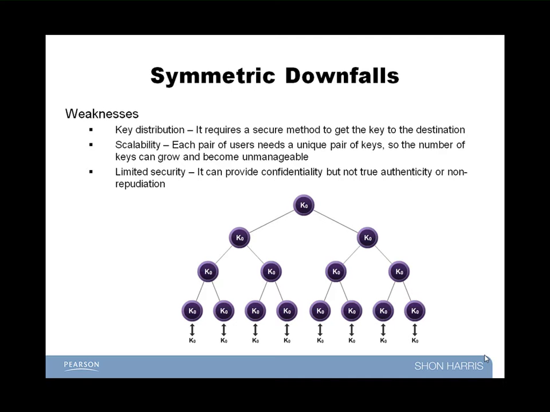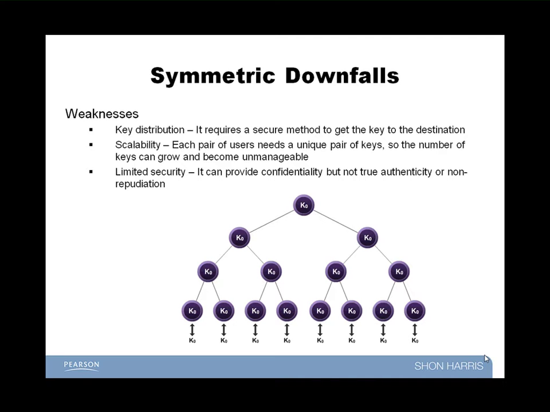Now, symmetric keys and algorithms can provide confidentiality. If I encrypt a message, only you should be able to decrypt it, because we should just have two instances of the same key. Now, sometimes organizations will have several instances. So, for example, if I needed to talk to 10 people, I should have at least 10 different keys.